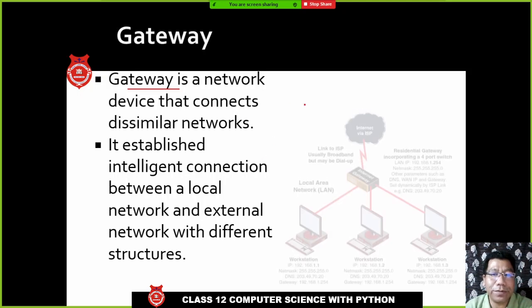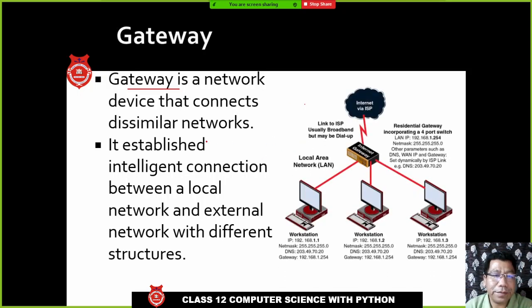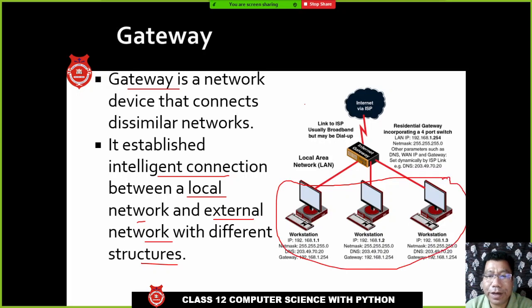It establishes a connection between a local network and an external network with a different structure. For example, these are my local network, my computers at home. I am going to connect it to the internet, and here I have the gateway.